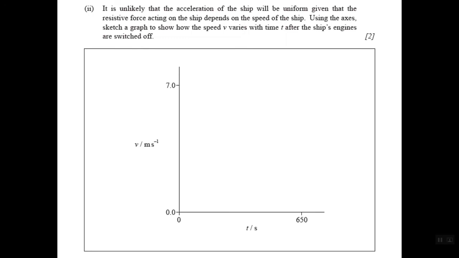So after the engine stops it is decelerating, so we should expect a changing velocity. We also know that the acceleration of the ship will not be uniform, so we get a graph with a decreasing gradient that eventually stops.